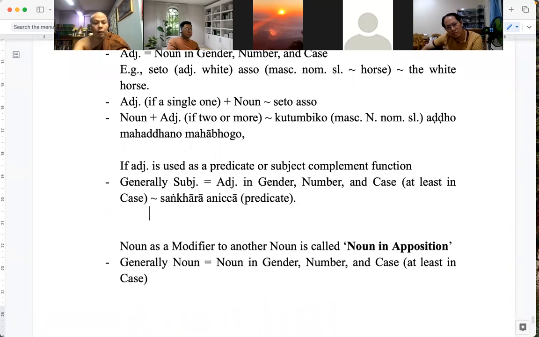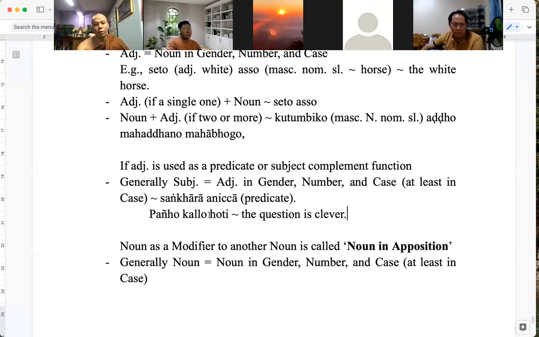But if we use, for example, binyo kan lo hoti, binya means question, the question is clever.